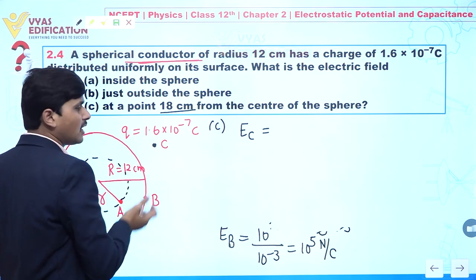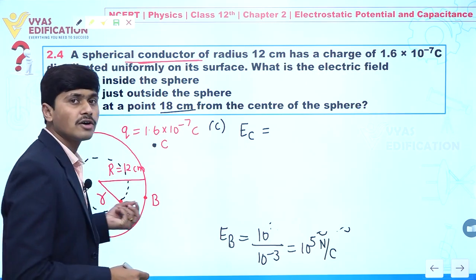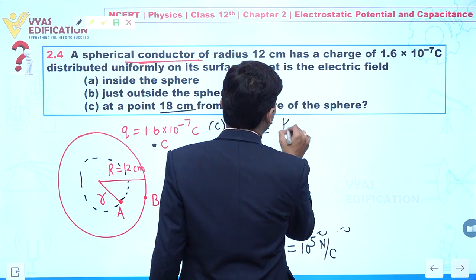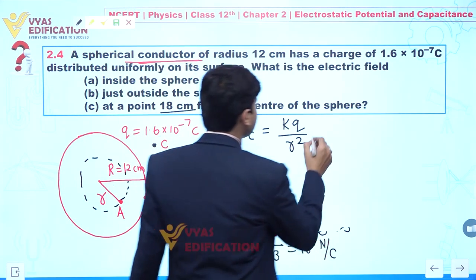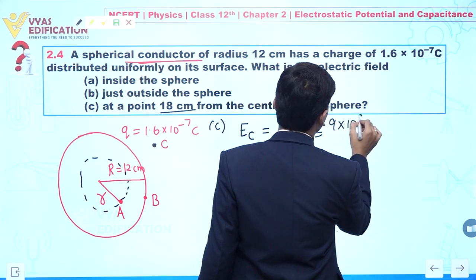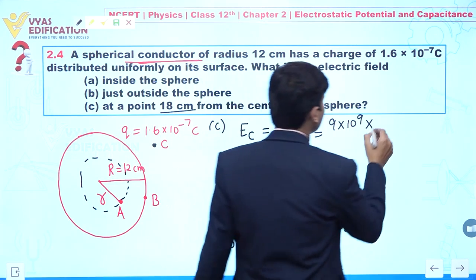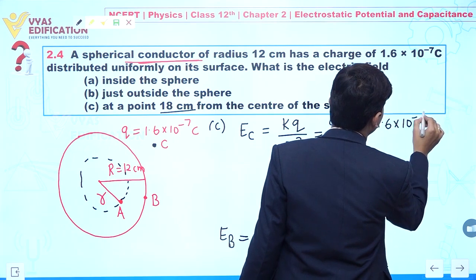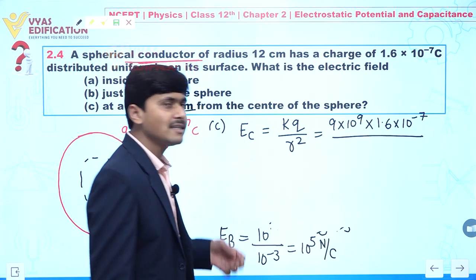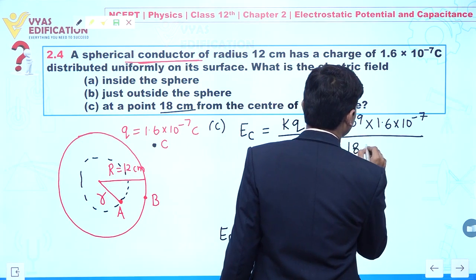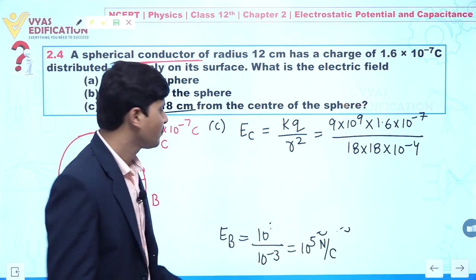We can treat this sphere as a point charge, or we can assume all the charge is concentrated at the center, clear. So we can say this is KQ upon small r square, yes or no. Now value of K we have 9 into 10 to the power 9, into value of Q, this is given 1.6 into 10 to the power minus 7, clear, and divided by R square. Value of R is given 18 centimeter. So this is 18 into 18 into 10 to the power minus 4, clear to you, yes.